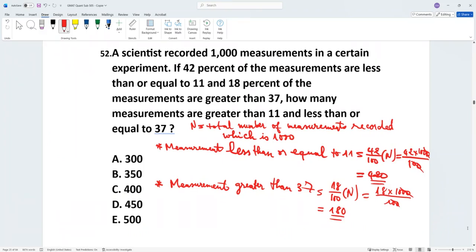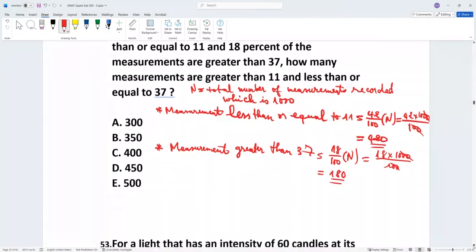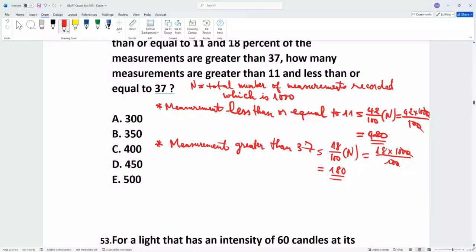Okay. So one thing we can do now, we need to find, the question says, how many measurements are greater than 11 and less than or equal to 37? So basically, if we have like a line here, we have 11 here, we have 37 here.